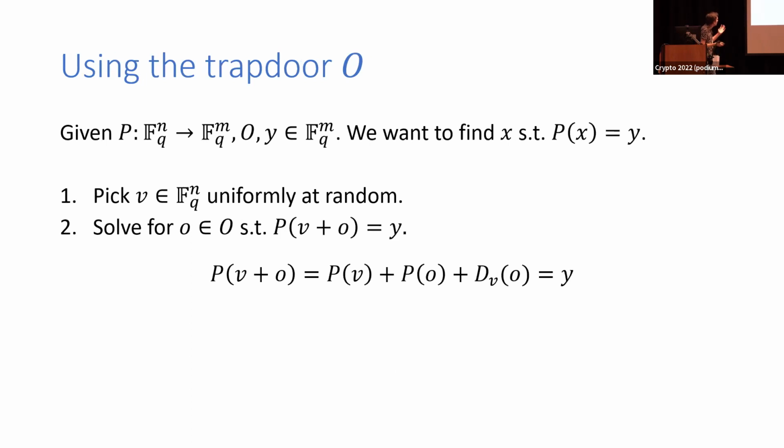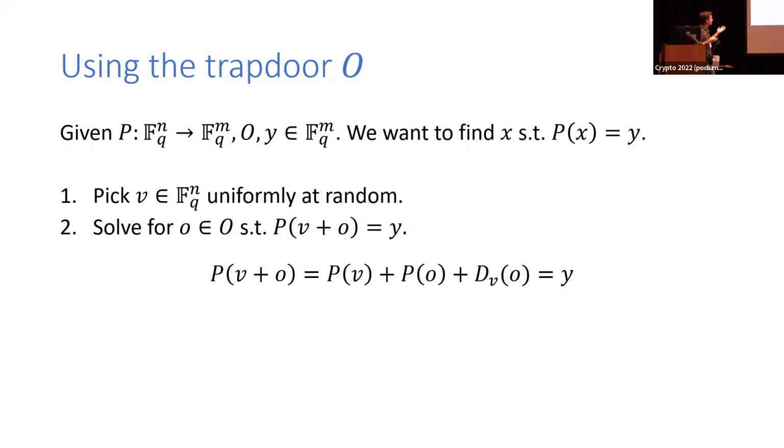All right. So now with this differential, how do you use the trapdoor? So we're given our trapdoor space O and some output value y, and we want to find an x so that P of x is equal to y. And the idea is very simple. You just first pick some uniformly random input v. P of v is not going to be a solution, of course, but you can solve for some correction term o in O, such that P of v plus o is going to be whatever you want it to be.